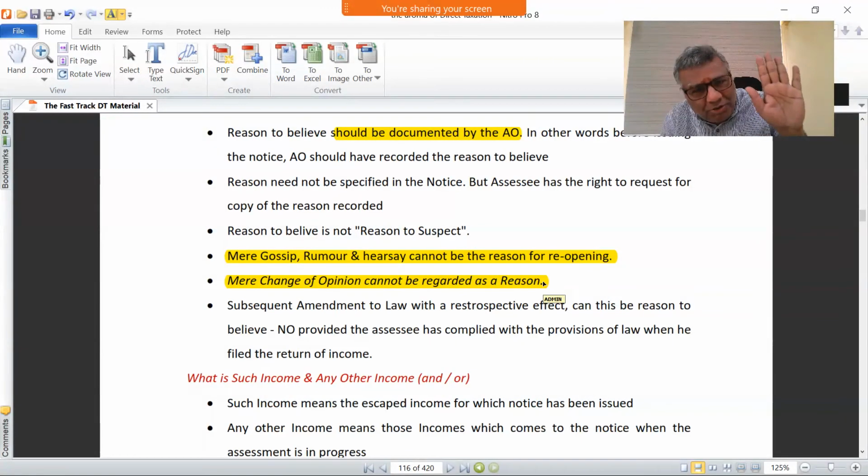You should have found out something new. Or the assessee should have hidden some information. In all these cases, I will accept. Assessee has not hidden any information. Assessee has provided you everything, but still you feel that day I was wrong, sir. Today morning I was sleeping under the Bodhi tree and I got this belief.